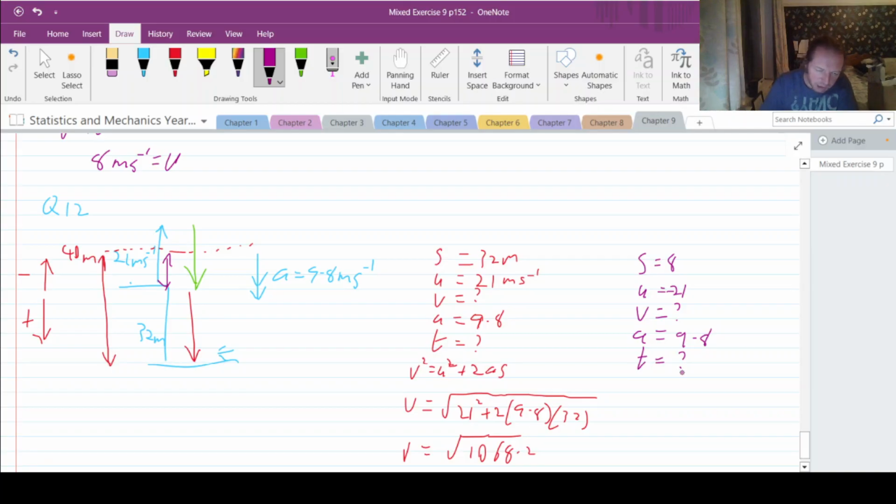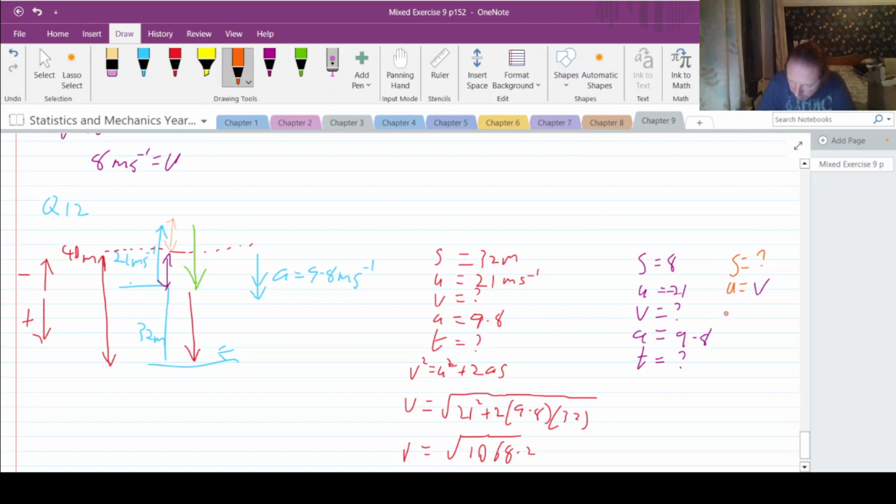If I use that, I can then set up another suvat. Let's do it in orange. So I am now looking for a suvat of this here. I don't know the distance up to the top. The initial speed will be the final speed of the purple.